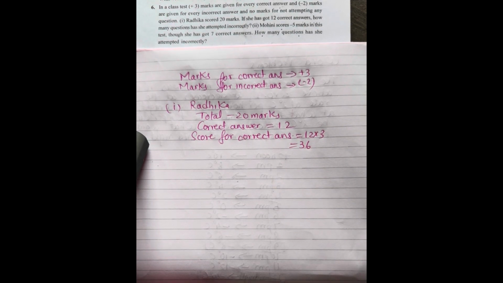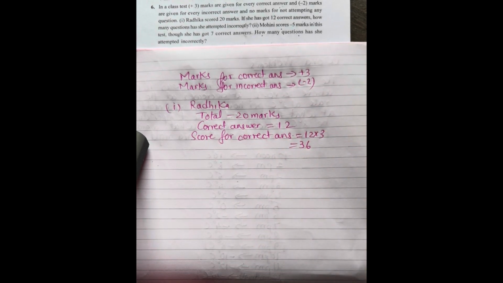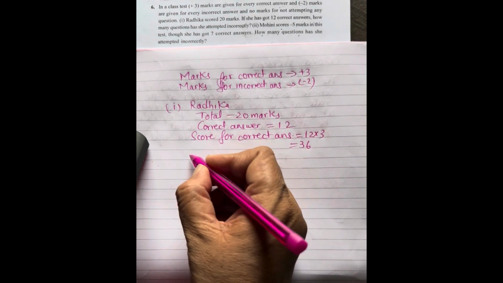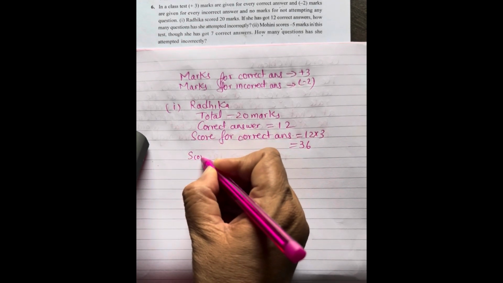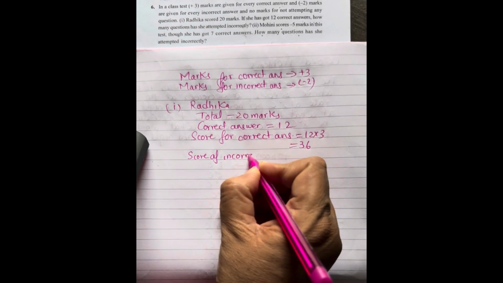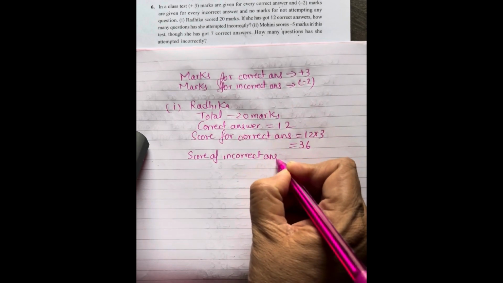But there is negative marking. That means the remaining answers are wrong. So how many such answers are there? To find out that, what we will do, so the score of incorrect answers, how will we get? We'll get from the total. What total she scored is 20.